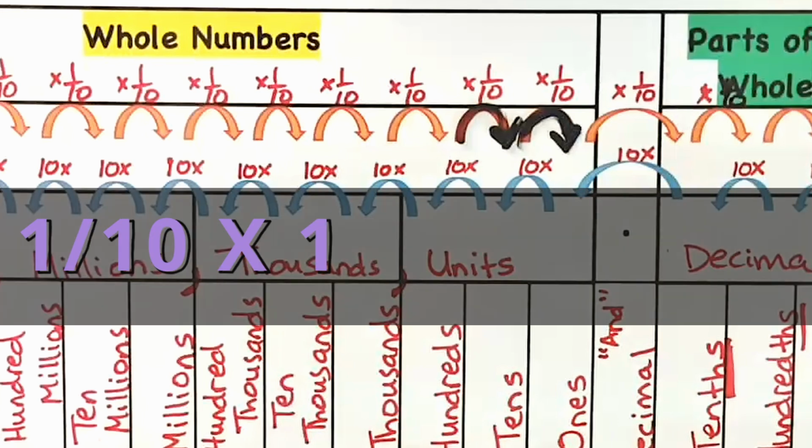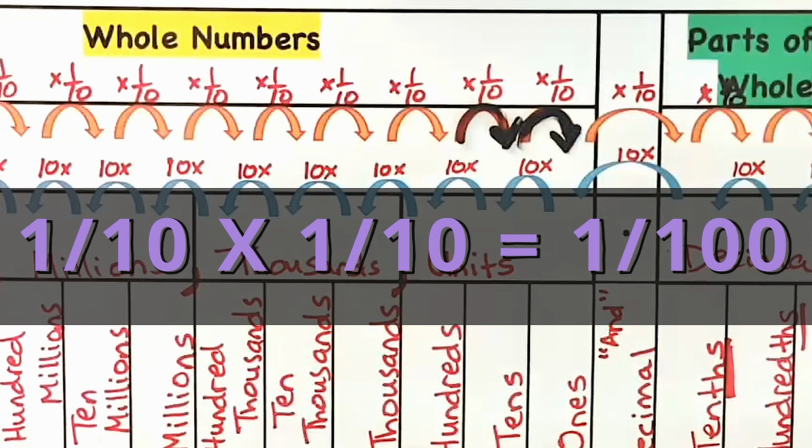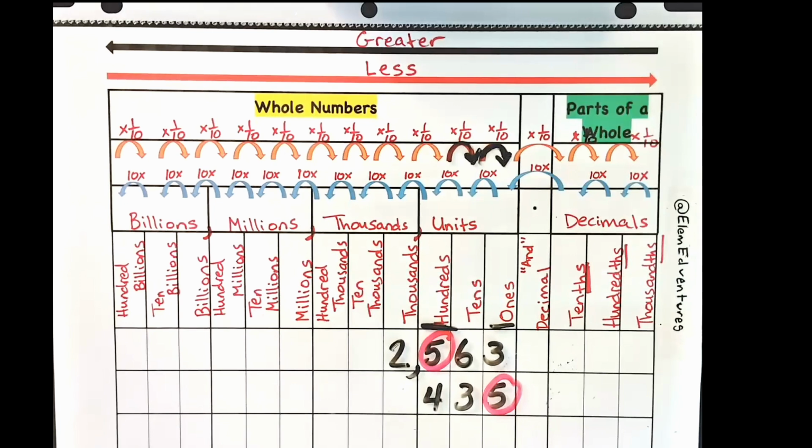Since I'm moving 2 spaces to the right, I am multiplying 1 over 10 times 1 over 10, which is equal to 1 over 100. 1 over 100 means the digit 5 in 435 is 100 times less than the digit 5 in 2,563.